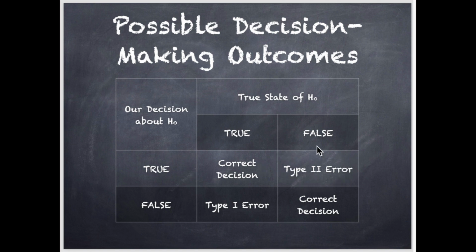On the other hand, if the null hypothesis is false, and we get a hold of a data set that leads us to conclude that it's false, then that is a correct decision. So this is just a nice way to organize this, and I think it helps to understand perhaps a little bit better what these different kinds of errors are and what the four possible situations are.